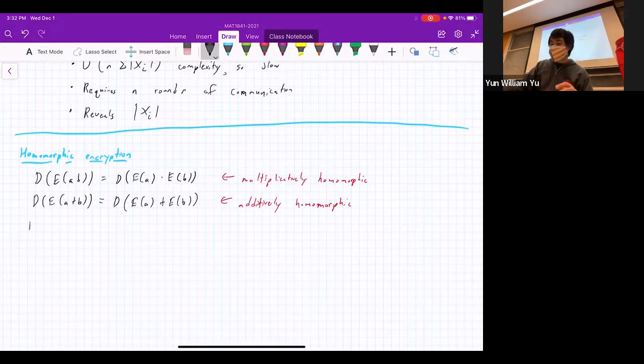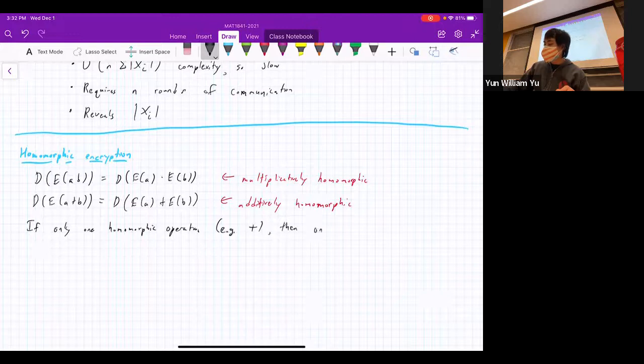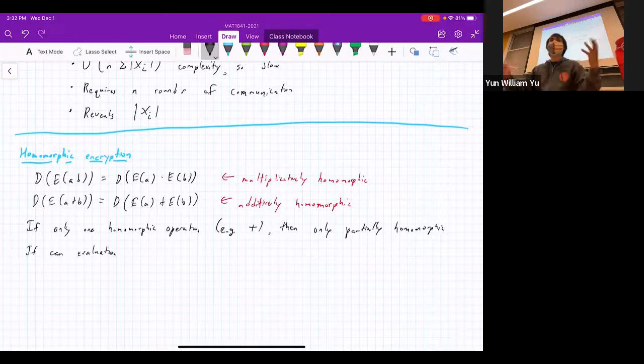If there's only one homomorphic operation, for example just addition, then this is only partially homomorphic. And if you can evaluate both addition and multiplication, it turns out you can show that this allows you to evaluate any circuit in theory.